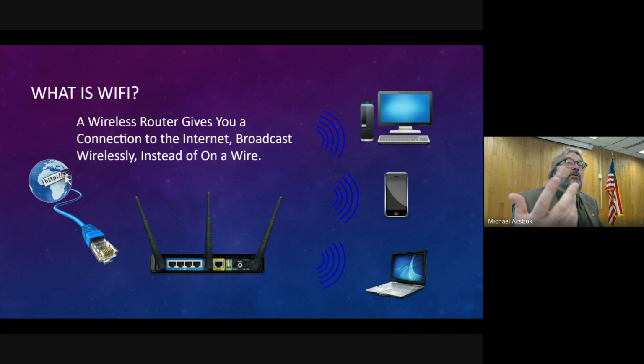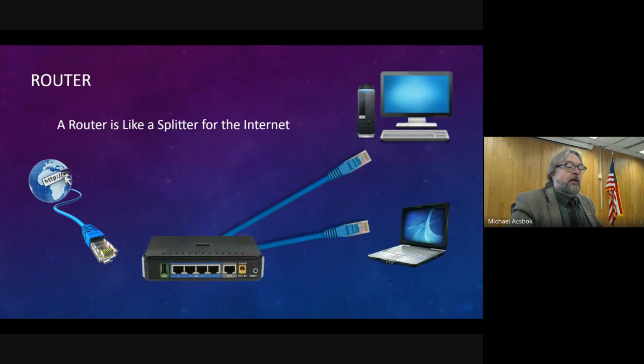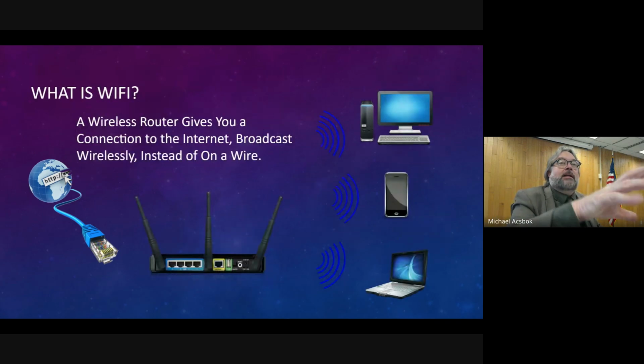So that's what a wireless router is. It takes the same internet information that was going over that wire, but it broadcasts it wirelessly through the house. So these devices can be mobile. You can walk into the backyard and still get on the internet with your laptop, or go out on the front porch or whatever, right?